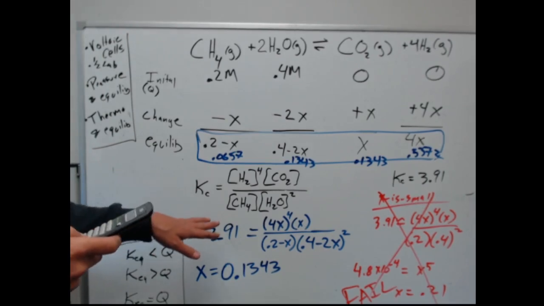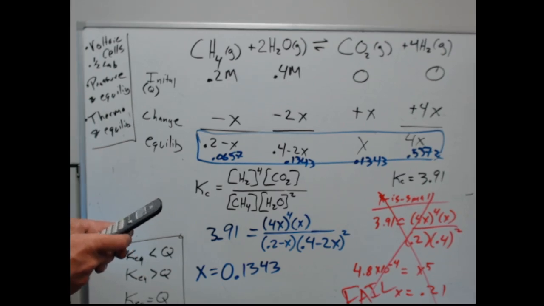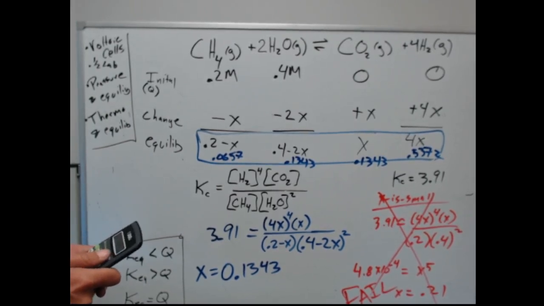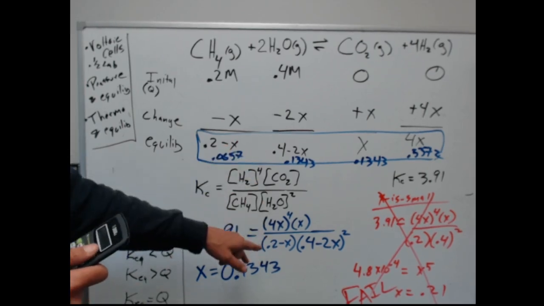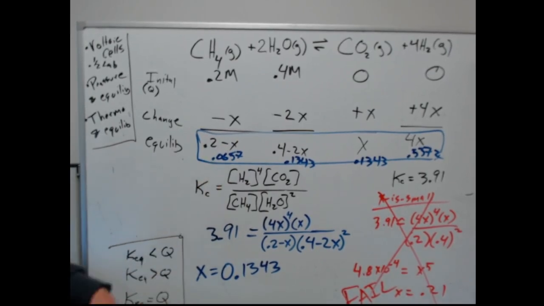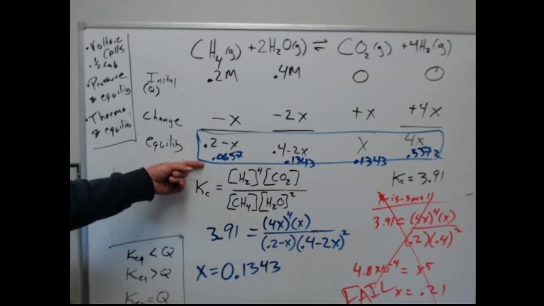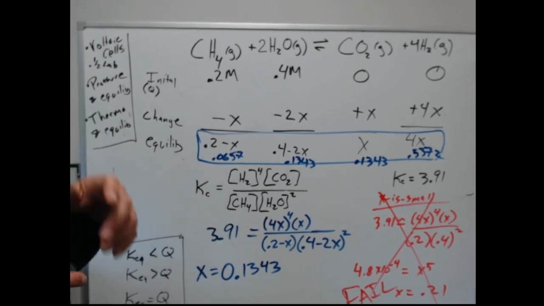Let me think about this. That times that. No, I get something a little bit off. I'm trying to go too quick though. If I plug these numbers back in, I think this answer is wrong too. In any case, if that x were correct, I'll have to double check what's going on here, but these are the values we would get for our equilibrium concentrations.